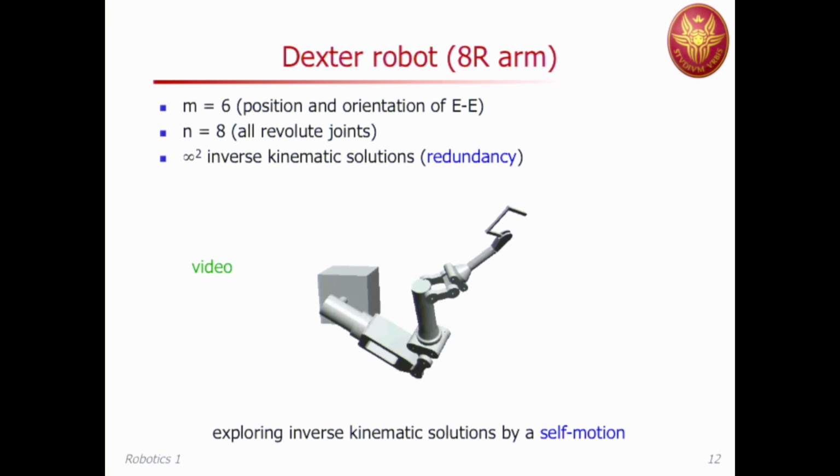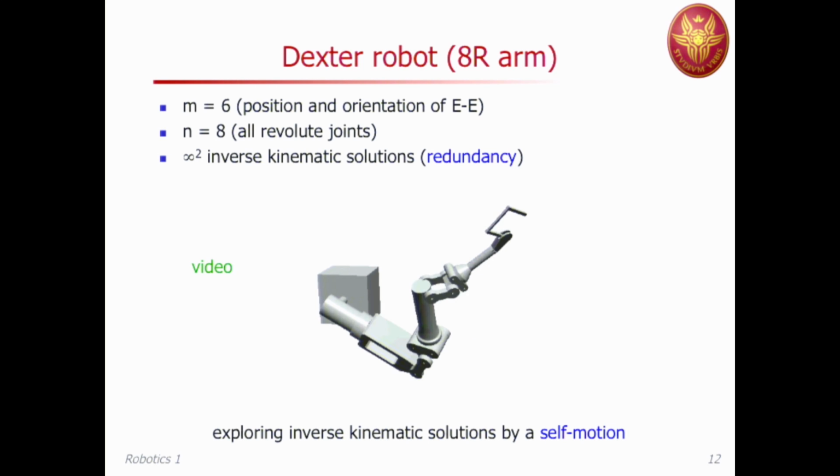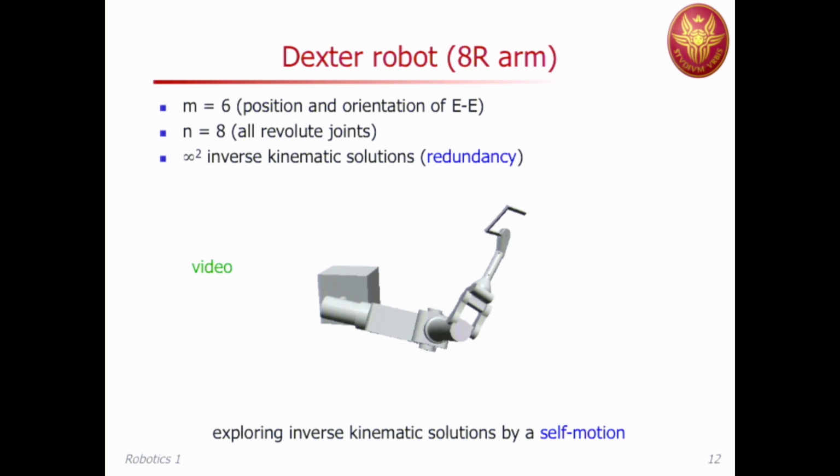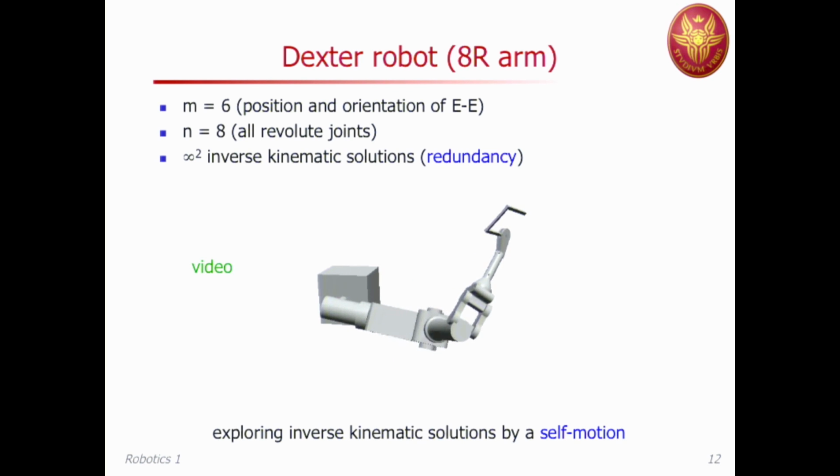And here is just a short video of animation of the former Dexter robot arm, which had 8 degrees of freedom, all revolute joint arm, the one that was used also for those applications in the domestic domain for aiding less able people and so on, so the project MOVE8.